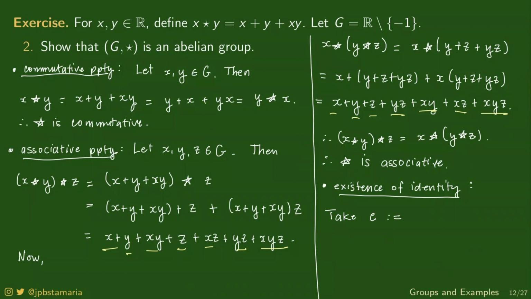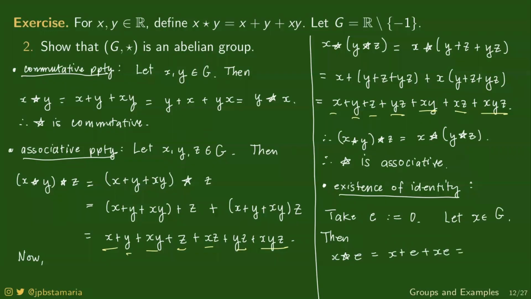0, sir. 0 rin, no? Just like yung identity element for addition. So, take E to be 0. As you can see, if you take an arbitrary x in G, then whether you do x star E, paano x star E? That's x plus E plus xE.